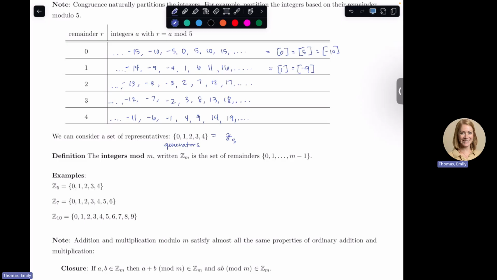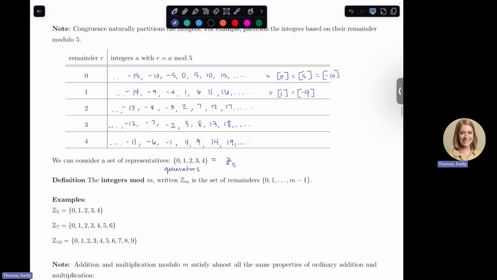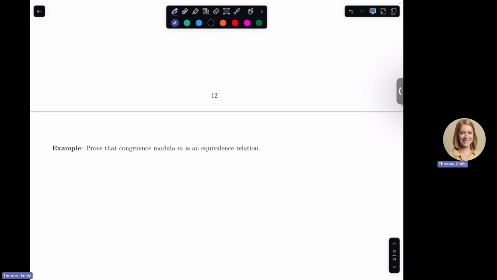Those of you who are going on to take abstract algebra, this will come back for you. So Z5 is from the remainders mod 5, so 0, 1, 2, 3, and 4. Z7 is the remainders mod 7, so 0 through 6. Z10 is the remainders mod 10, so 0 through 9, and so on. We will come back to this in a minute, but do you get the equivalence class situation and what that means with partitions? Okay.